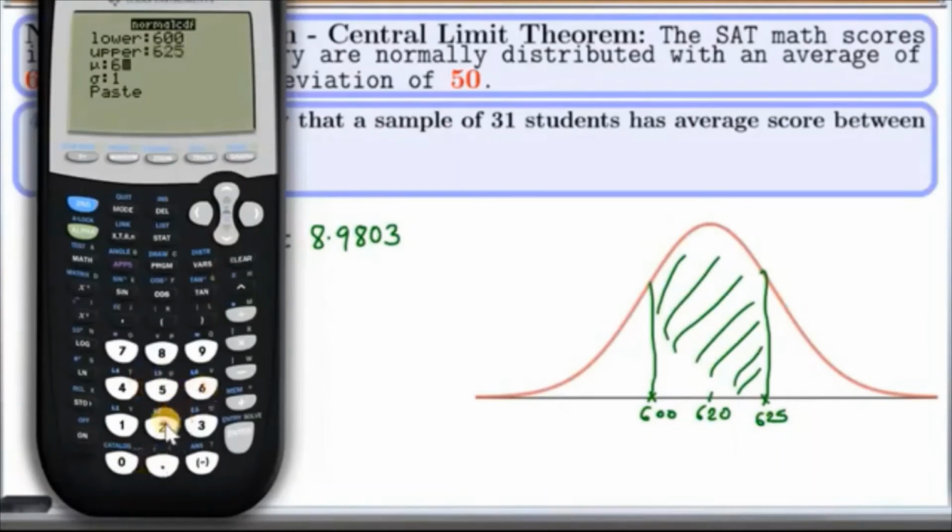Our mean is 620. And our standard deviation, we'll be using this standard deviation, which is 8.9803. Now hit enter and hit enter. So we got this number here, and basically that's the area between 600 and 625. So let me put that down.